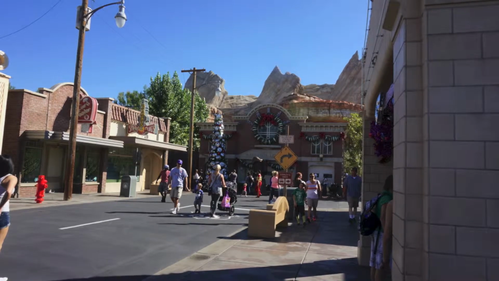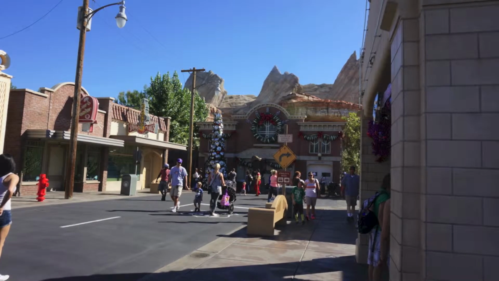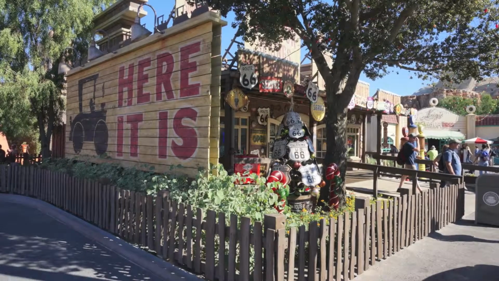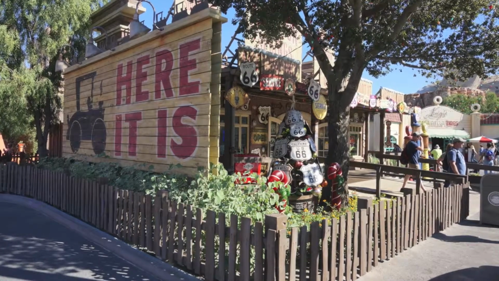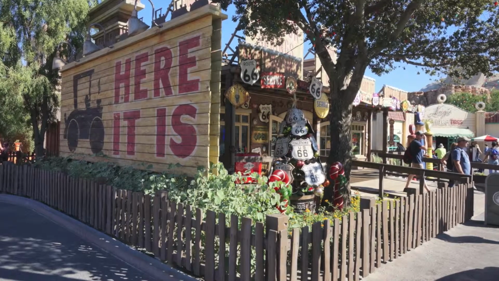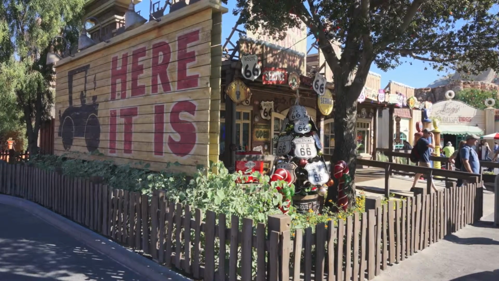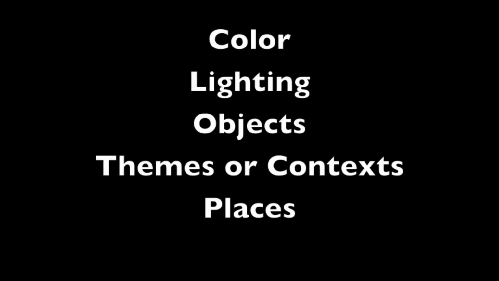In this case, of course, you see Route 66, the kind of nostalgia that we may associate with spaces from the past, with movies, with road trips, with family vacations. And specific to nostalgia at Cars Land, I would point to a series of ways in which a designer of a space may use techniques to create nostalgic associations.